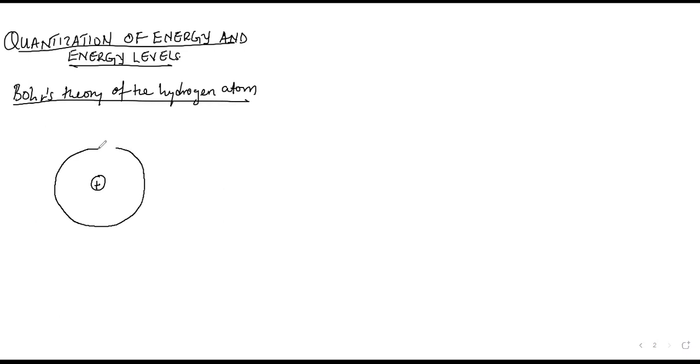But when an electron makes a transition from one energy level to another, it will emit radiation of energy equal to hf, or the change in energy will be equal to hf as a result of the difference in the different energy levels, for example, energy E2 minus energy E1. These represent the energies in the different orbits and energy levels.